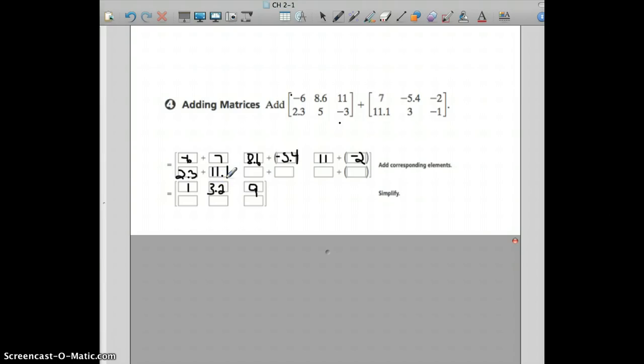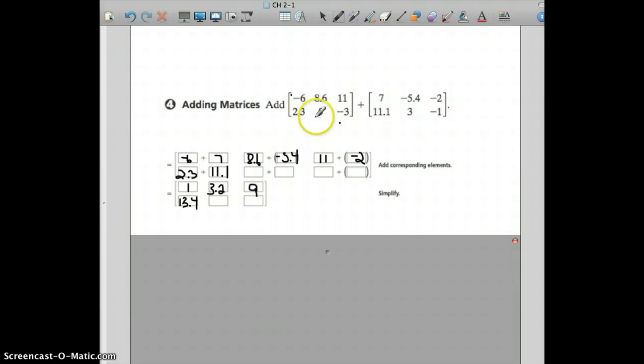Since the signs are the same, we add the numbers, which will give us 13.4. And the sign is positive, which is understood because both signs are positive.